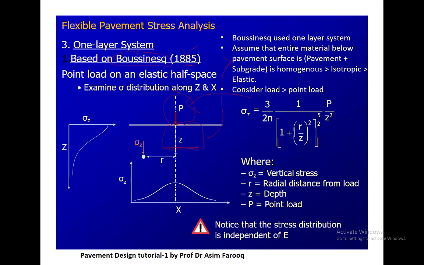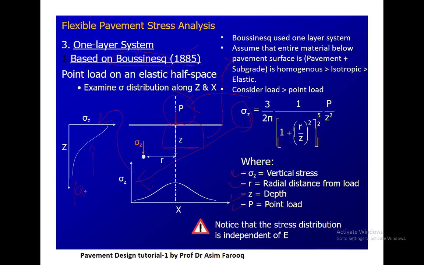But through that system, we can also determine the vertical stresses, as well as the radial distance from the load. Basically, the point where we have the sigma z, which we call vertical stress, is where we want to determine it. That means you can change that point anywhere.